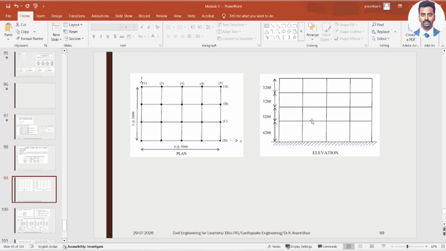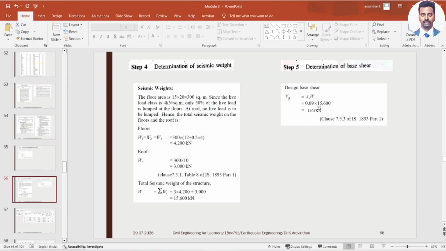And above the single column you have a weight. So this weight, we have already arrived at that. Here you can see while doing this problem we have already derived. You can check this link, and for each and every floor you have a weight of 4200 kilonewton, and at the roof you have 3000 kilonewton. So totally 15600 kilonewton is the load.